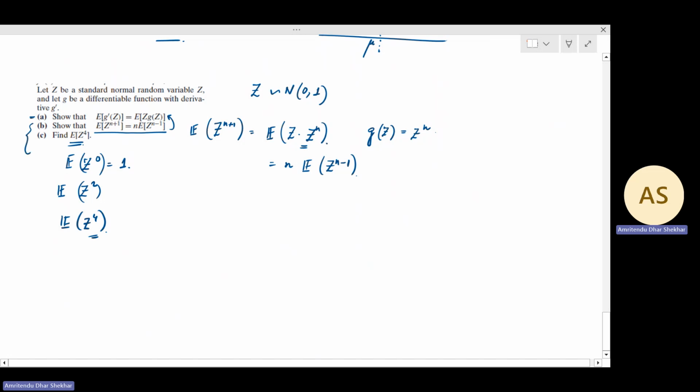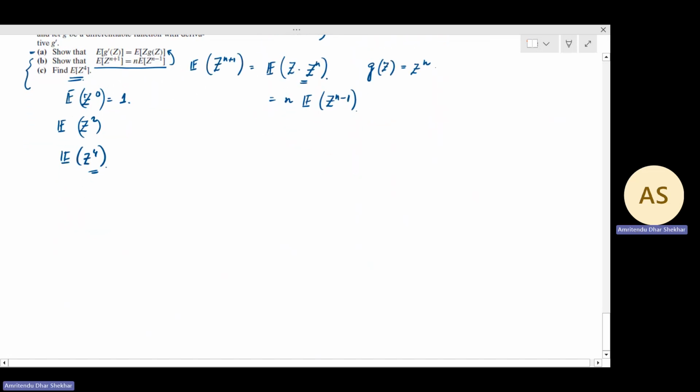I want to prove part A. To show that the expectation of g prime of z is equal to the expectation of z times g of z.